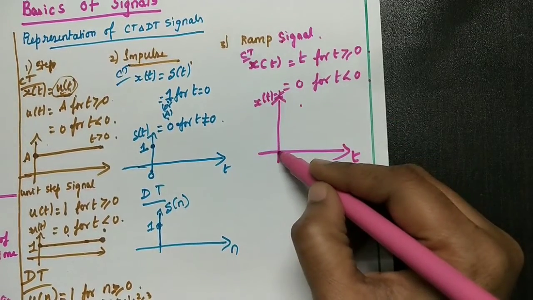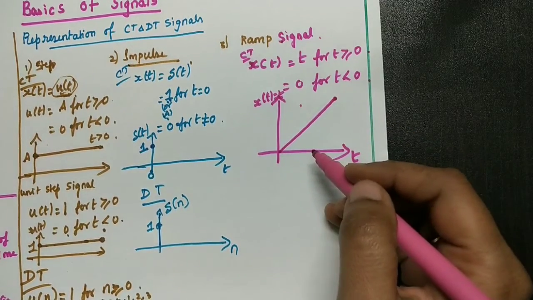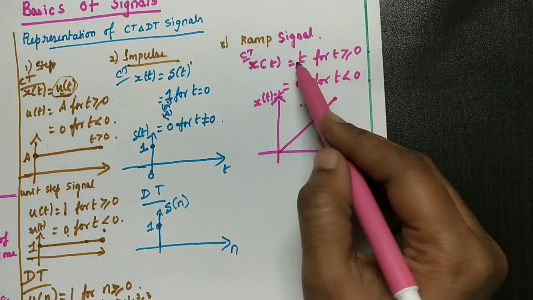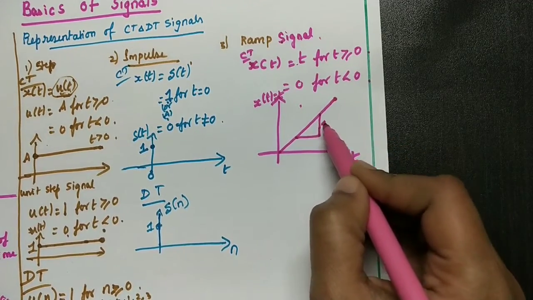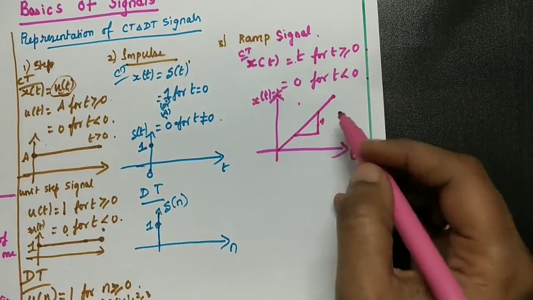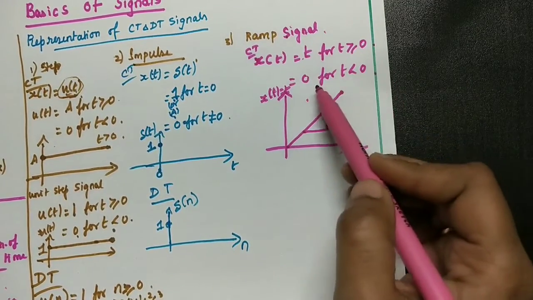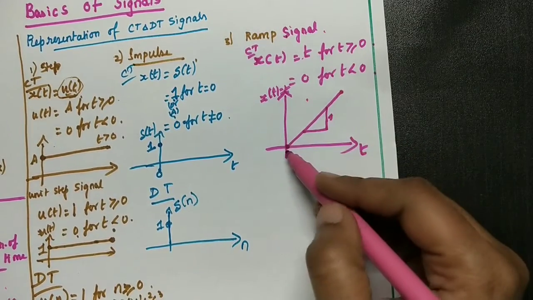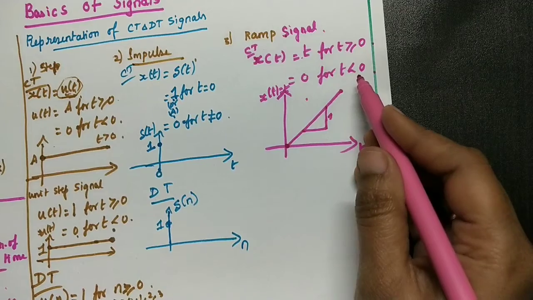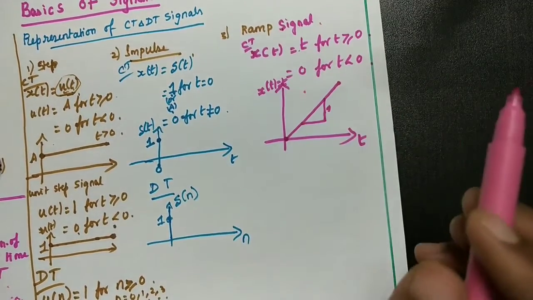It is like a line, because y equal to mx plus c. Here the slope is 1, y by x is 1. So the input is increasing linearly with respect to time. We can define the slope from the equation.